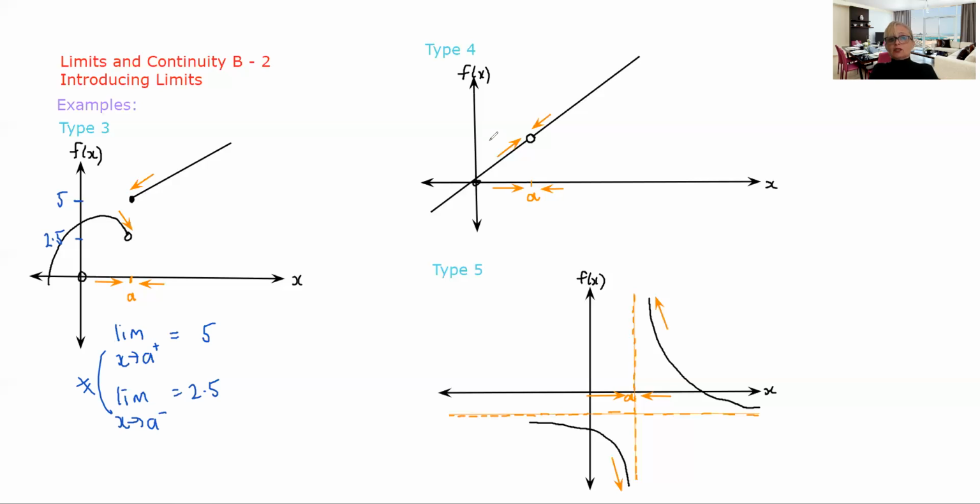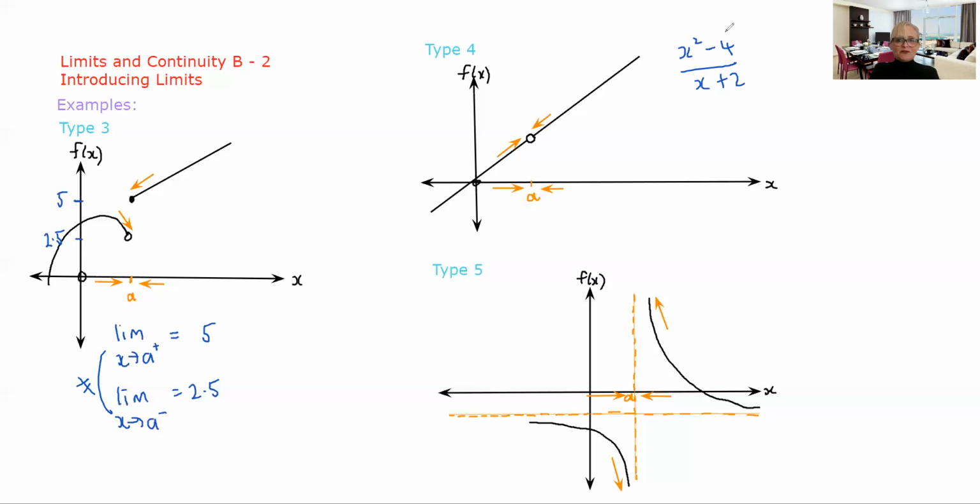Type 4, I actually did one like this when I did a series of videos on graphing rational functions. This is a very interesting example that you could get were you to be graphing something of the variety, something like x squared minus 4 over x plus 2 or something like that.